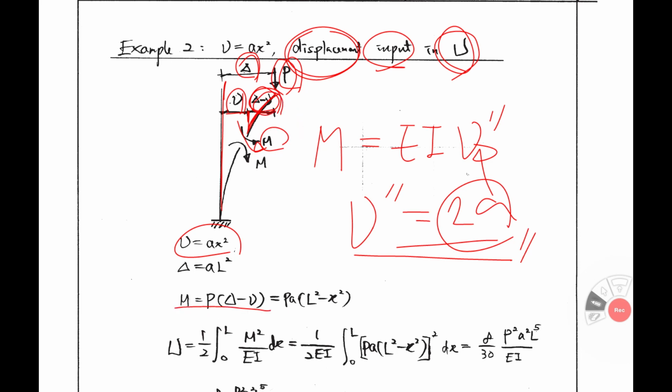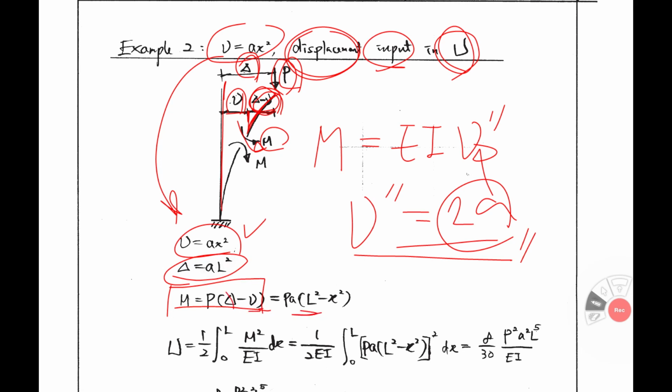Firstly, we assume the same displacement equation as example 1. So the moment can be calculated like this. Delta equals A L squared, right, if we assume the displacement equation like that. So this delta, A L squared, you input like that.